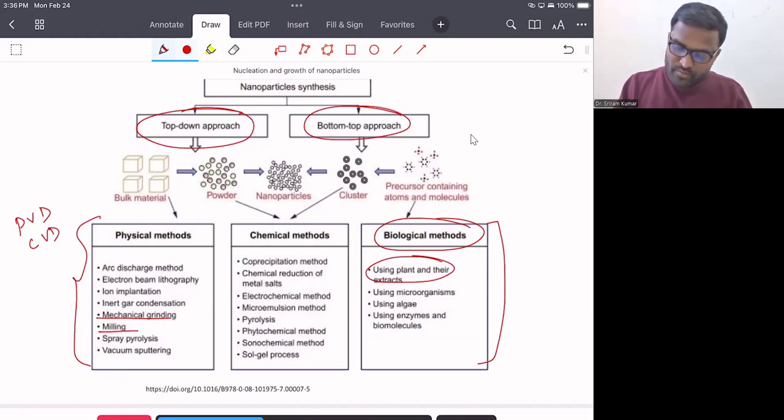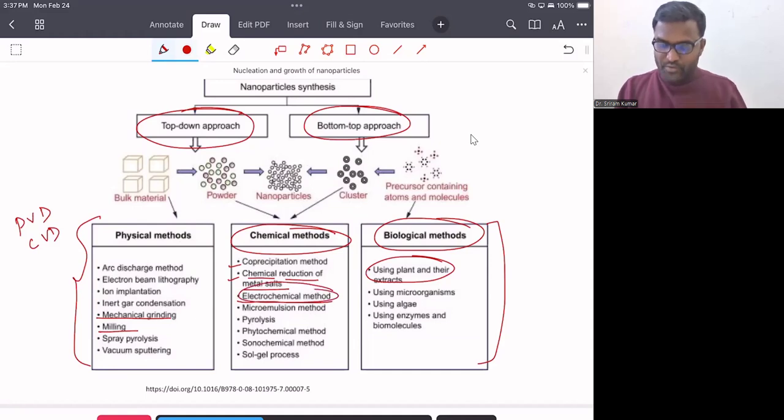Now we are going to learn about chemical methods of nanomaterial synthesis. In this topic, we will learn key techniques. For example, we will learn about the sol-gel method, and we are also going to learn about chemical reduction of metal salts and the electrochemical method. I will make a separate video on electrochemical methods because this is a widely used technique.